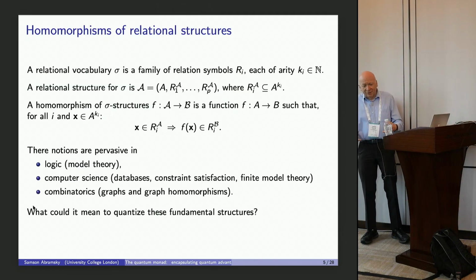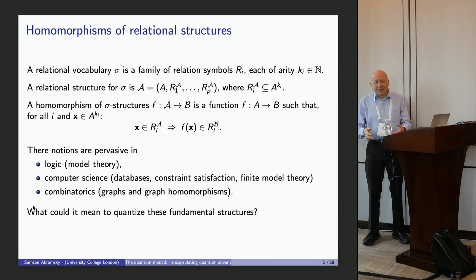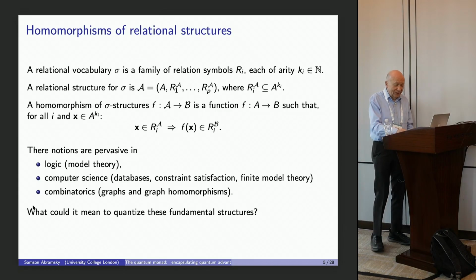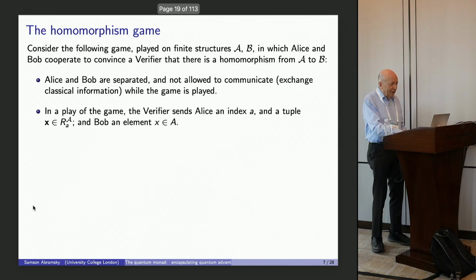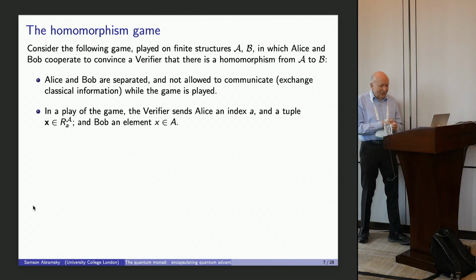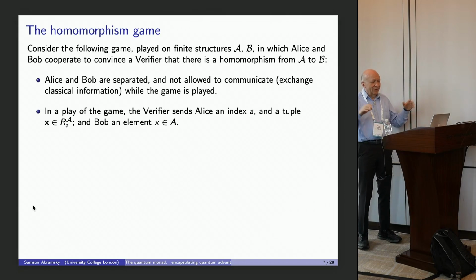A graph coloring, let's say a 3 coloring of a graph, is exactly a homomorphism from the graph into the 3-element clique, the 3-element complete graph. So convincing the verifier that such a homomorphism exists means convincing him that there is a 3 coloring of the graph. So a very standard computational problem, just as an example to keep hold of. Okay, well, in the way we play this game, Alice and Bob are separated and not allowed to communicate.